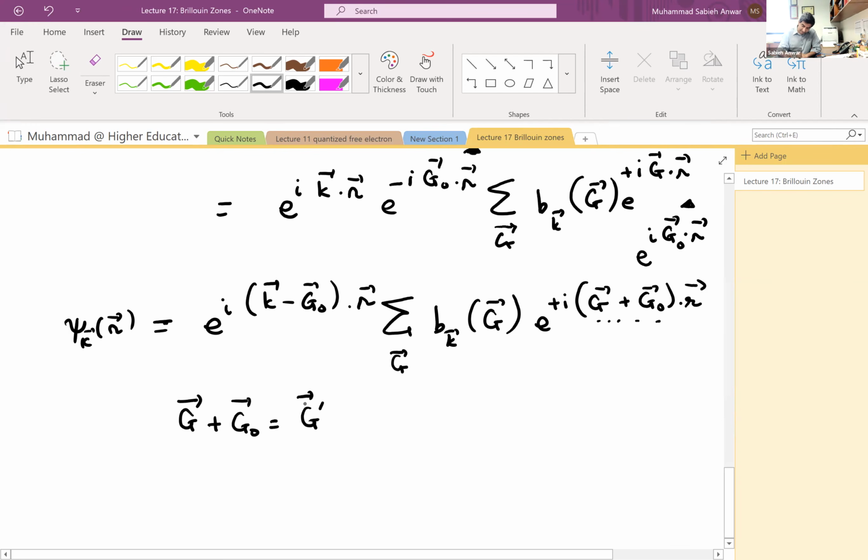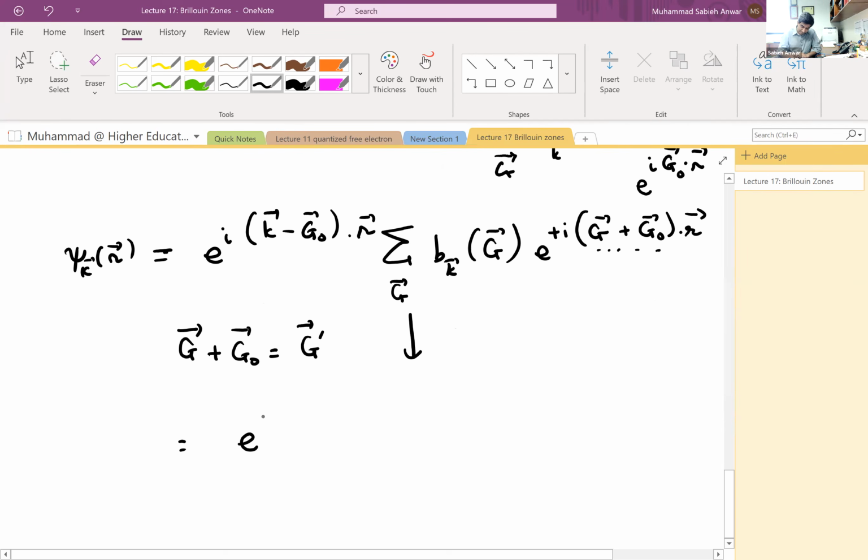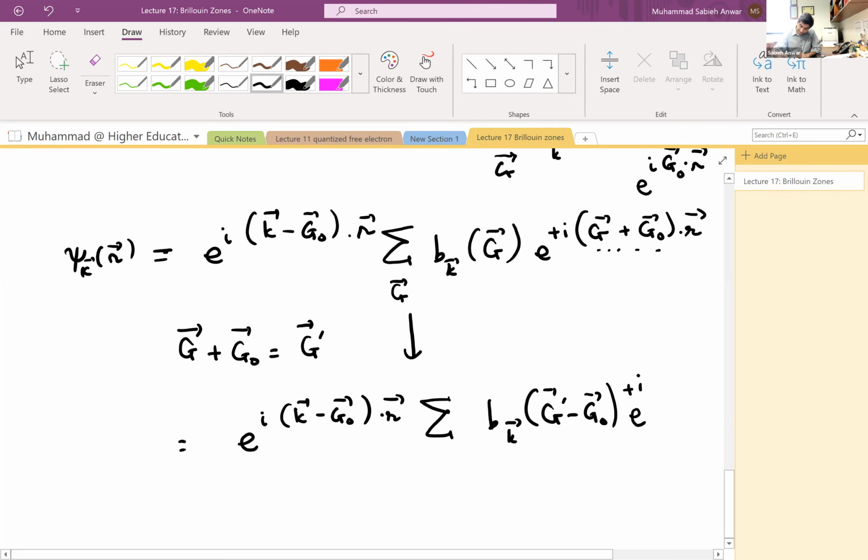If I do that, the expression above becomes e^{i(K minus G naught)·R} b_K, where G becomes equal to G prime minus G naught, times e^{+iG prime·R}, since I've already defined G plus G naught to be G prime.